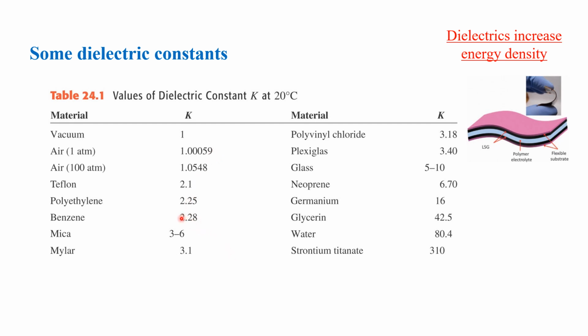The best thing that you can actually put there is strontium titanate, which has a dielectric constant of 310, which significantly increases the capacitance of your capacitor. Your dielectrics increase the energy density of your capacitor, as you can see here, because of this K which you are adding to your capacitor system.